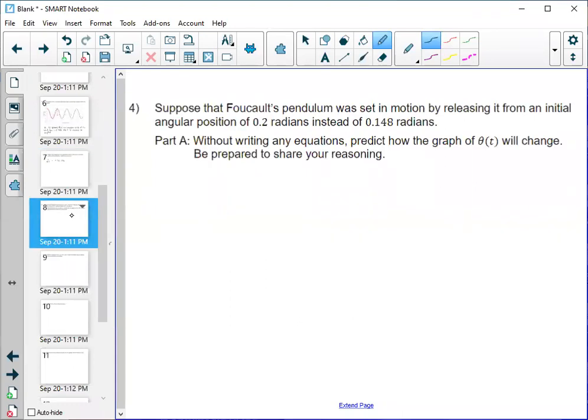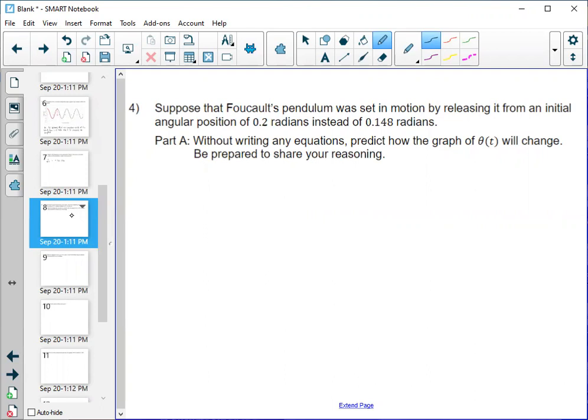Four, suppose that Foucault's pendulum was set in motion by releasing it from an initial angular position of 0.2 radians instead of 0.148 radians. Part A says, without writing any equations, predict how the graph of theta of t will change. Be prepared to share your reasoning.